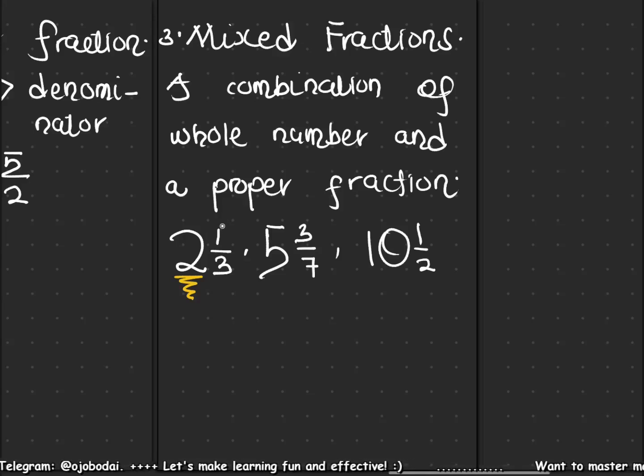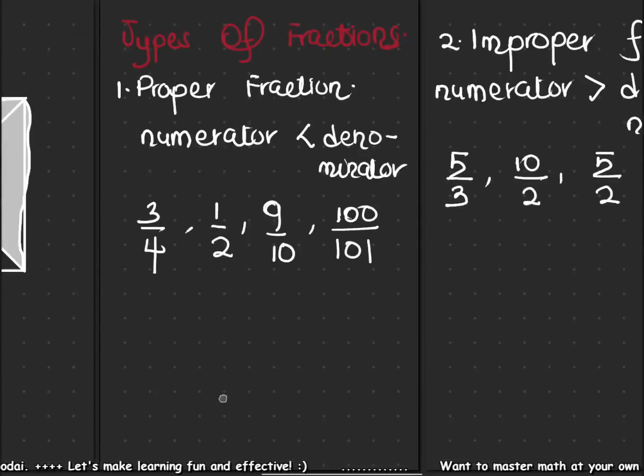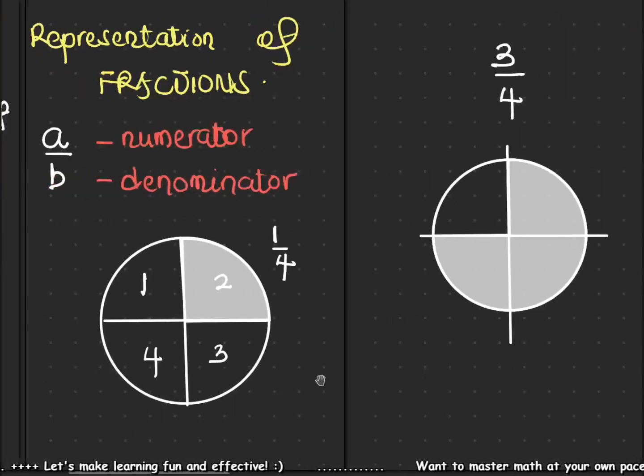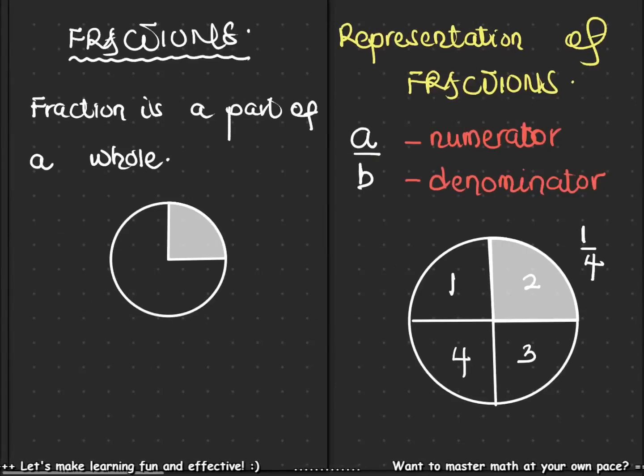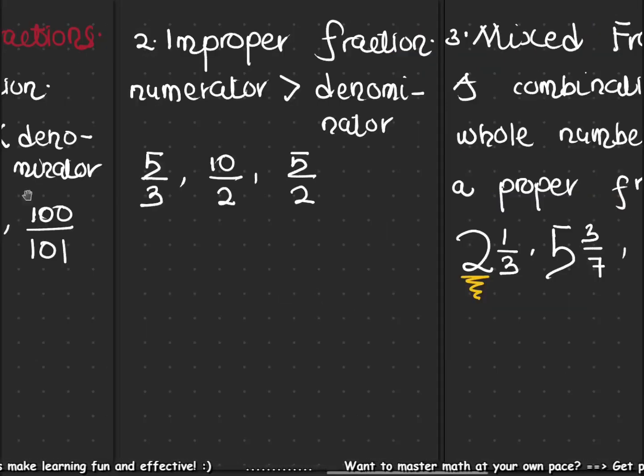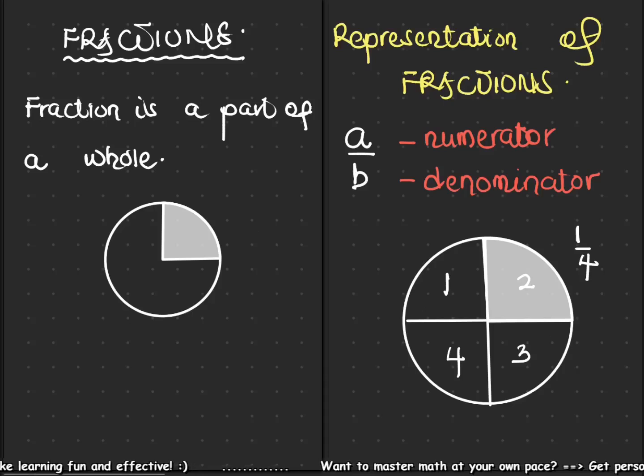Now, in this lesson, we have just looked at the introduction to fractions. We have looked at what fractions are, and then how to represent them as well. And we have also looked at what? The types of fractions we have. That is the proper fractions, improper fractions, and mixed fractions.